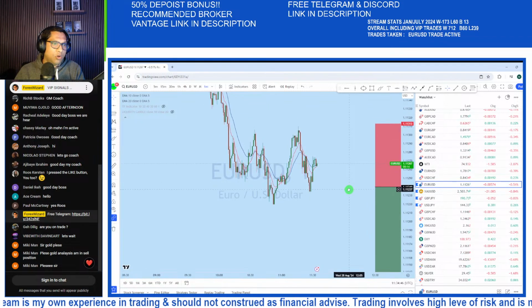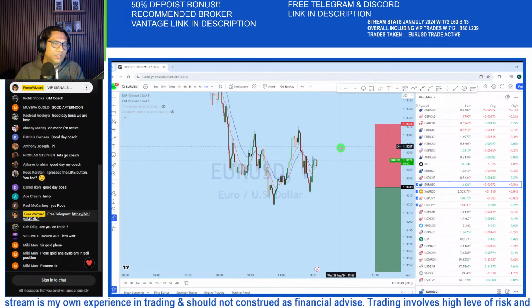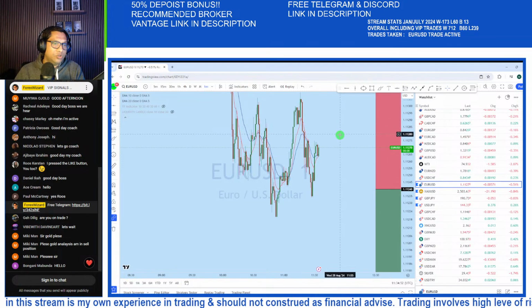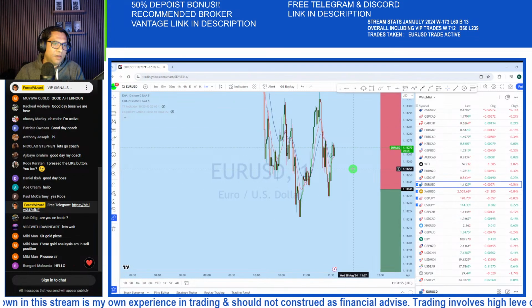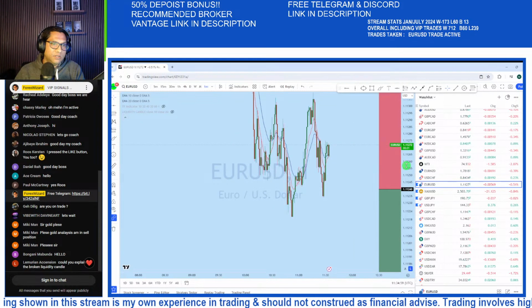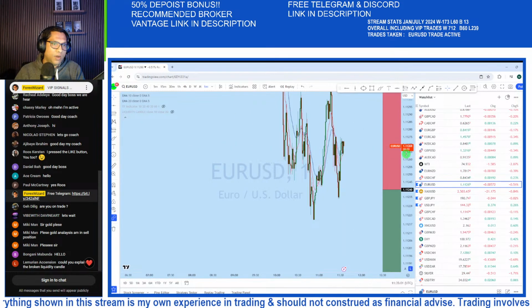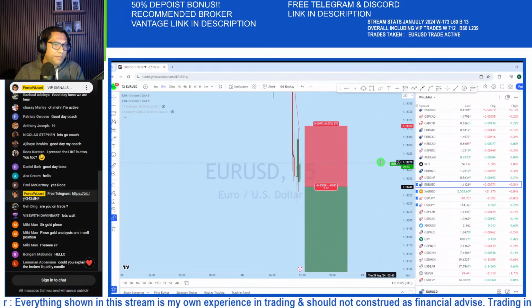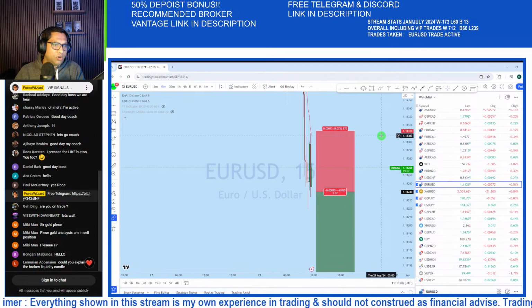Here on euro dollar, expecting that this resistance to be respected. Now, if that's respected, then we should be able to see that there should be a potential drop. But if it doesn't, then we'll see what happens. At the moment, this is the 15 minutes price section on euro dollar.